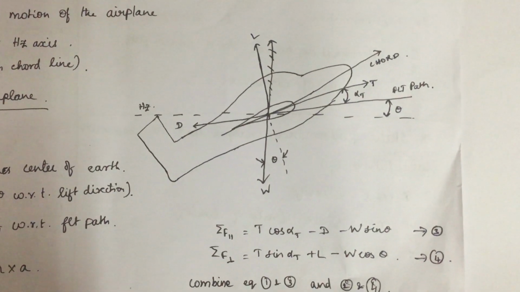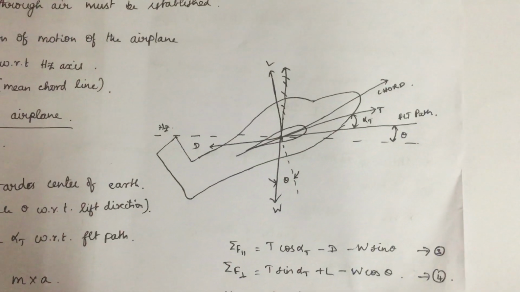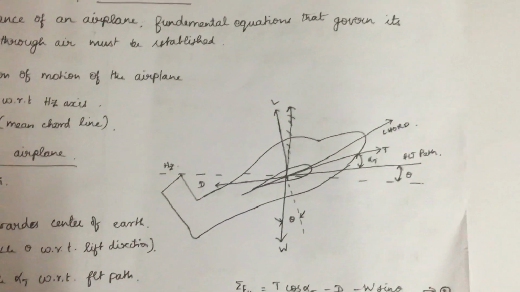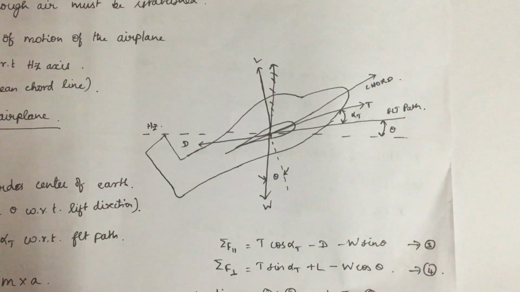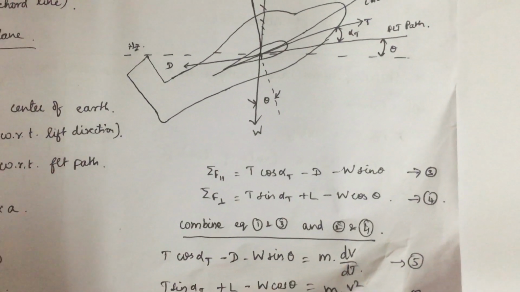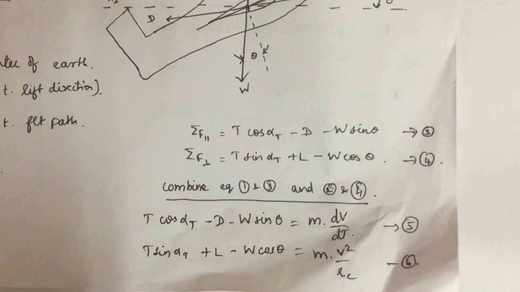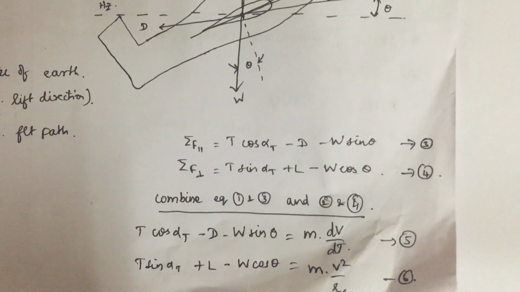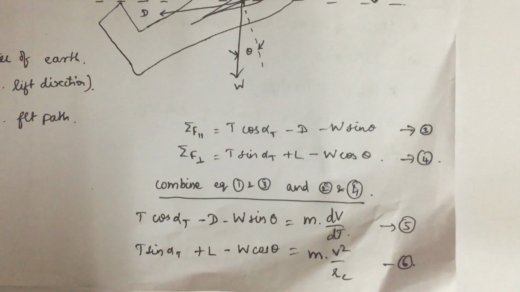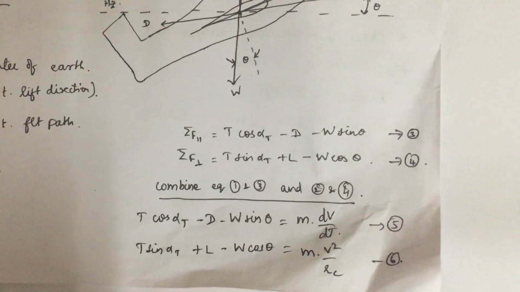I am combining equation 1 in 3 and equation 2 with 4. If I do that, I will be able to get equations 5 and 6. Here I'm comparing with Newton's second law of motion, so I'm able to derive equation 5 and equation 6.